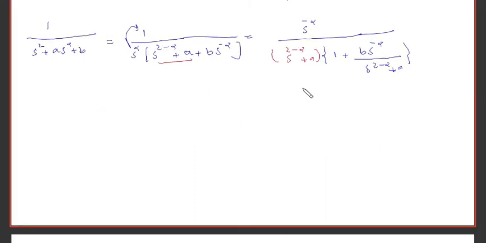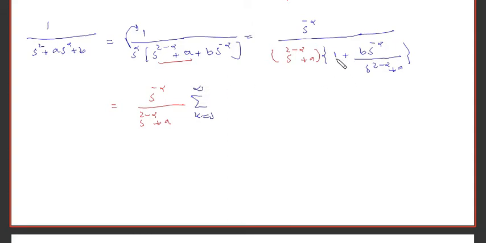So using this concept, I can write this 1 over 1 plus this thing. Using that notation, I can write this as s to the power minus alpha, and in the denominator s to the power 2 minus alpha plus a, and the sum over k from 0 to infinity.